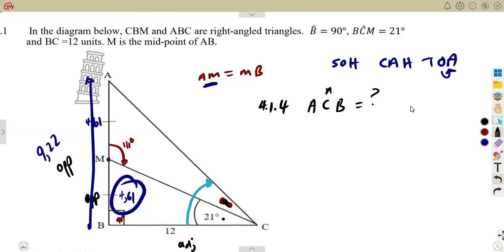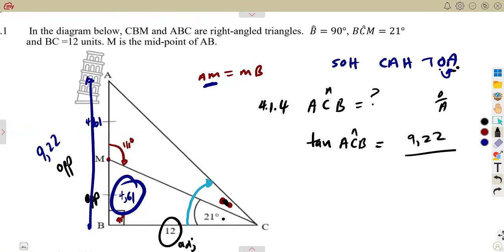So it follows we still have the ratio of a tan, but this time it is the tan of the angle ACB that we want to calculate, which is opposite over adjacent, which is 9.22 over the adjacent, which is 12.